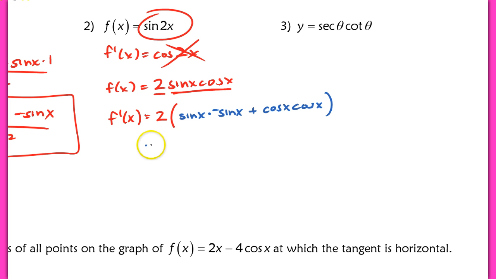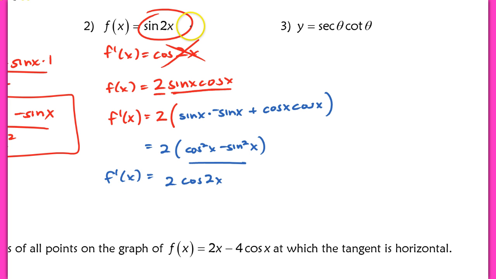Now, if I just simplify, I have 2 times negative sine squared x plus cosine squared x. And if I rewrite that as cosine squared x first minus sine squared x, it might be a little bit easier for you guys to identify. Well, this is another identity. Okay, this is the cosine of 2x. So we have the derivative of the sine of 2x is 2 cosine 2x.